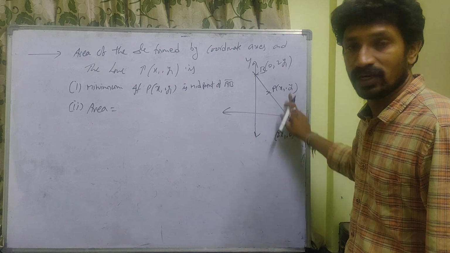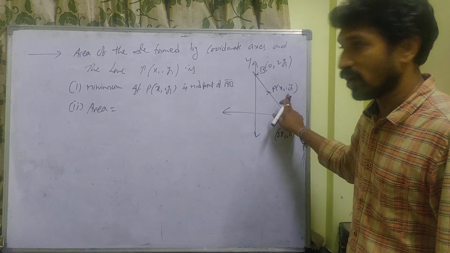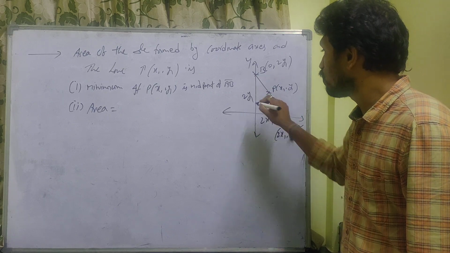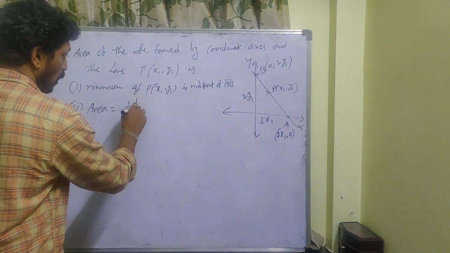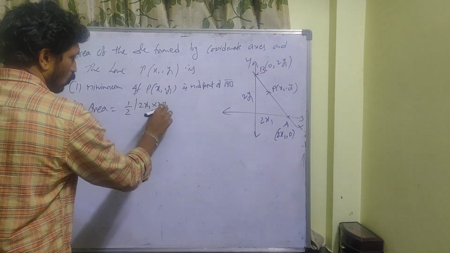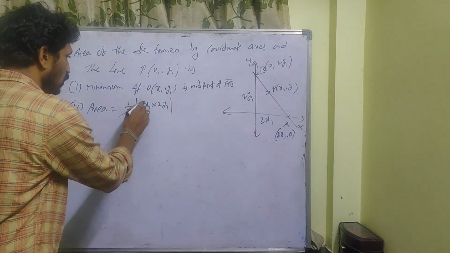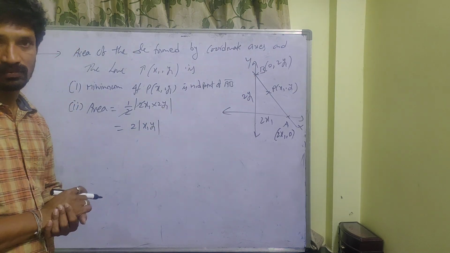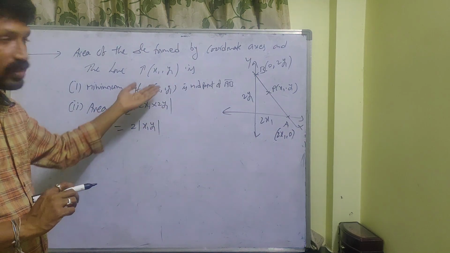So (x1, y1) is the midpoint. Here the x-intercept is 2x1 and the y-intercept is 2y1. So area is half into modulus of 2x1 into 2y1, by the formula. The 2s get cancelled, so you have 2 into modulus of x1 y1 square units. This x1, y1 is nothing but the coordinates of the given point.